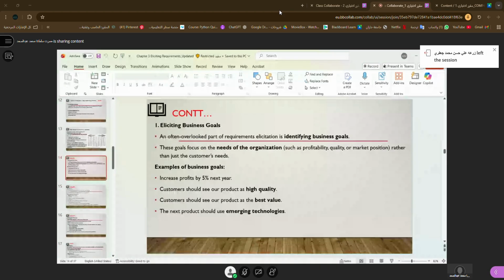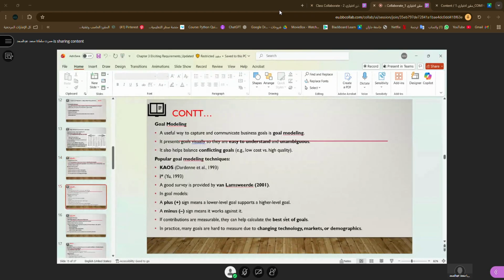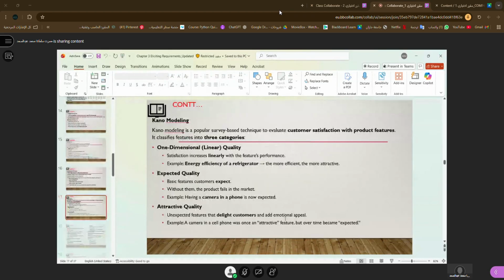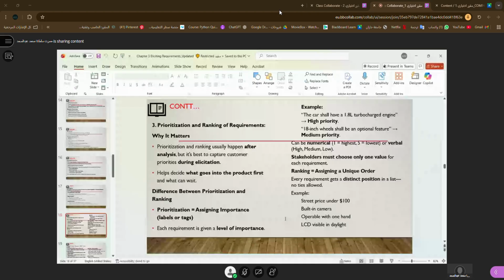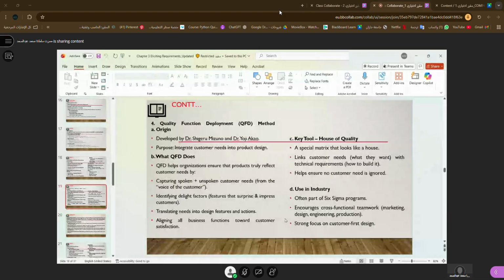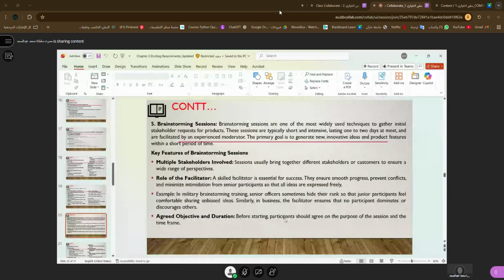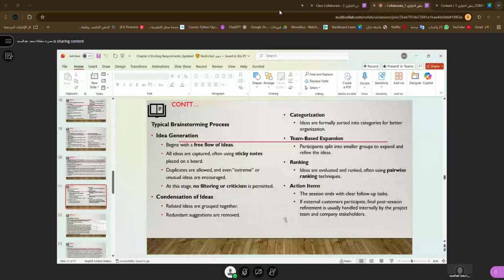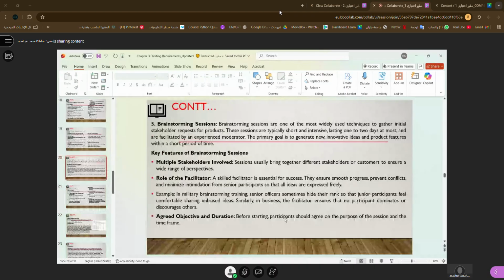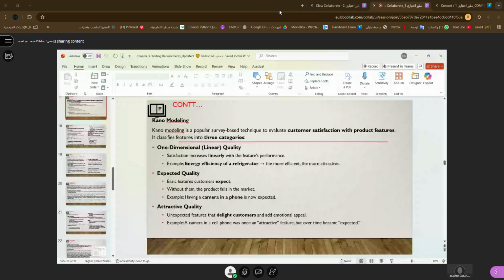Number one, illustrating the business goals. Number two, ethnographic techniques. Number three, prioritization and ranking. Number four, quality. Number five, brainstorming. Five are there. Compulsory, you will get one question from this in explain.